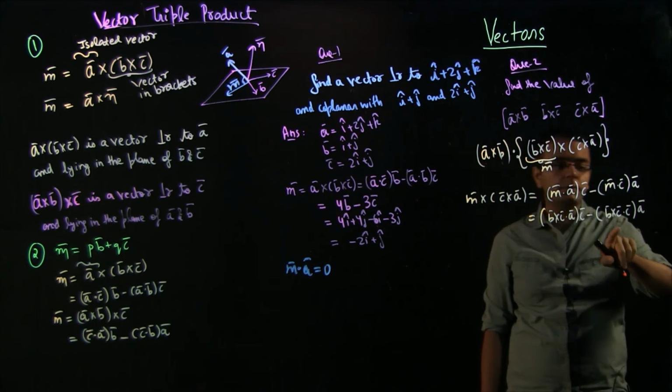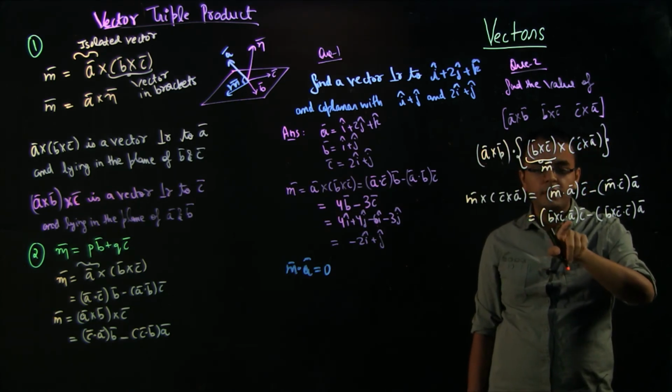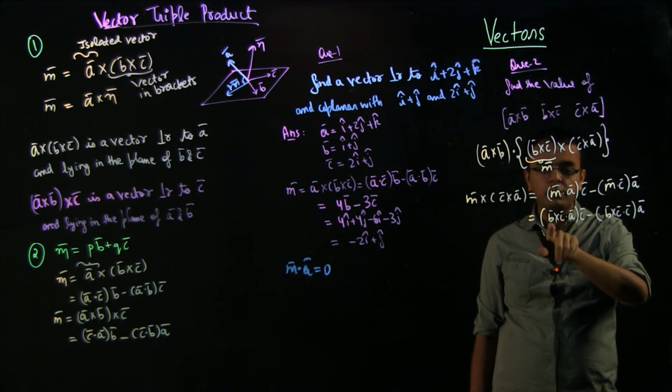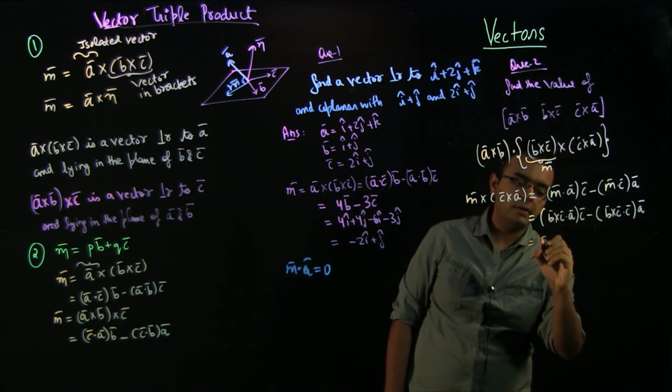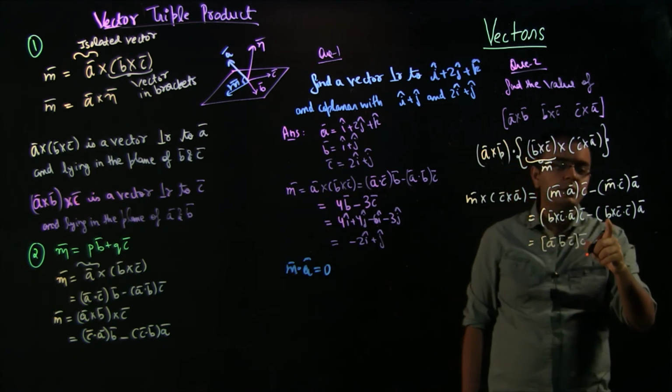Now this is a scalar triple product, this is also a scalar triple product. This is ABC, the cycle is followed, and cross and dot can be changed, so I can write this as ABC into C, and this is BCC.